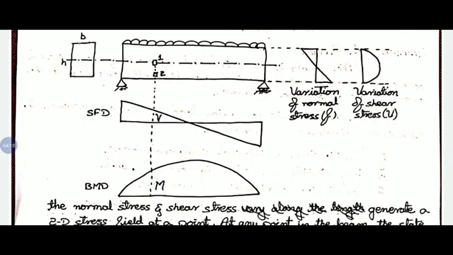So here the normal stress and shear stresses will generate 2D stress fields at a point, and the 2D stresses at any point in the beam will be expressed in terms of principal stresses, and these principal stresses will be understood by using the concept of Mohr's circle.